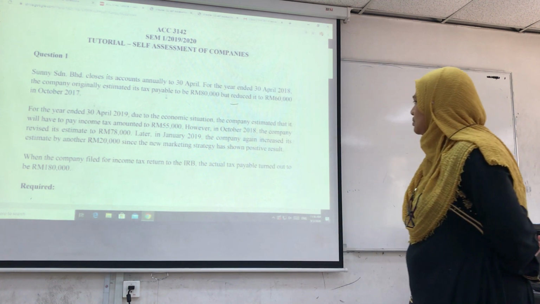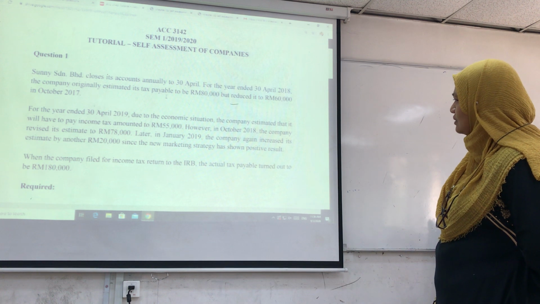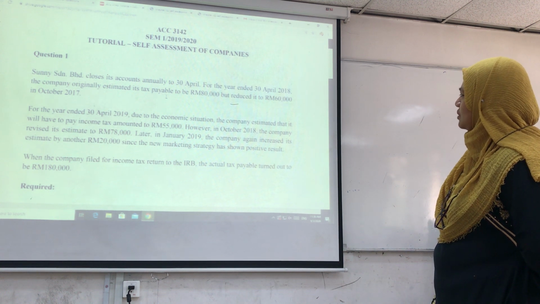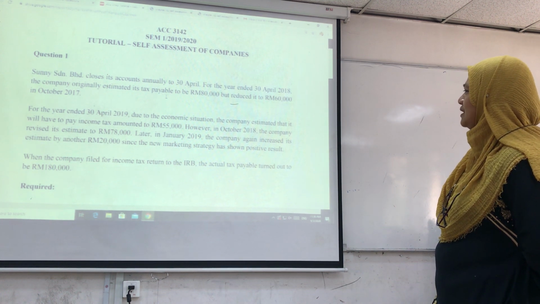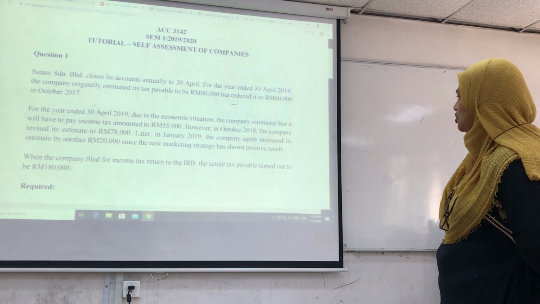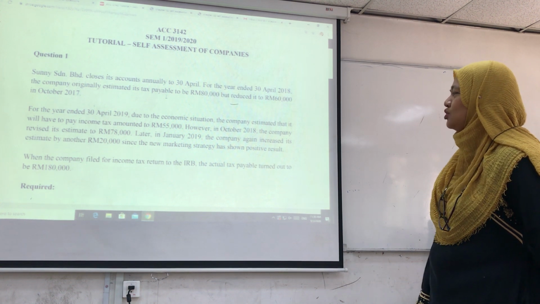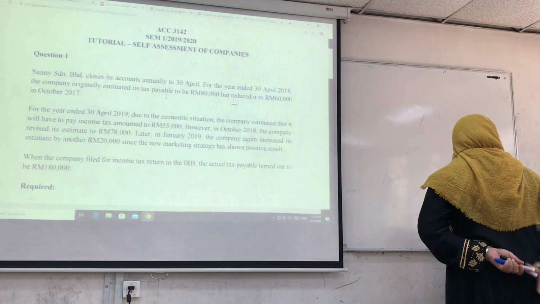However, in October 2018, the company revised its estimate to 78,000. Later in January 2019, the company again increased its estimate by another 20,000 since the new marketing strategy has shown positive result. When the company filed income tax return to IRB, the actual tax payable turned out to be 180,000.